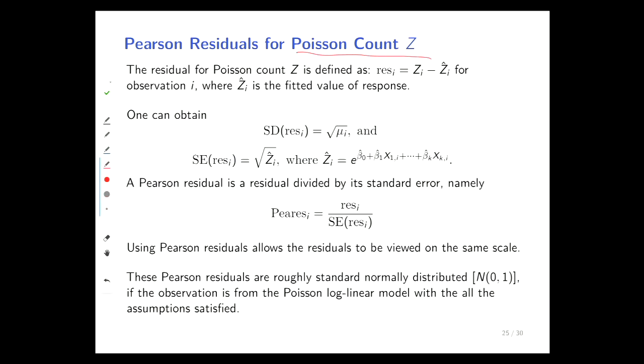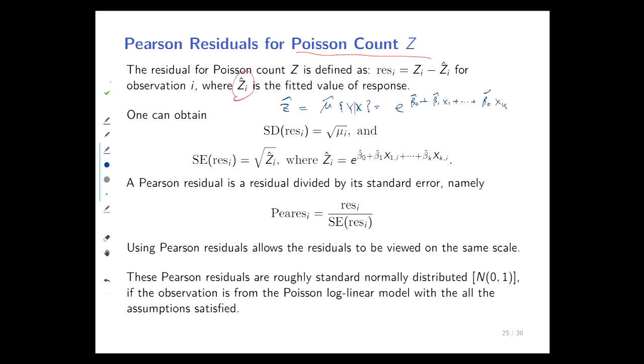So we also have the fitted value, if you still remember. How to obtain the fitted value? The fitted value, z hat, equals the estimated mean of response y given x, which is the exponential of beta 0 hat plus beta 1 hat x1, and so on and so forth, plus beta k hat xk.